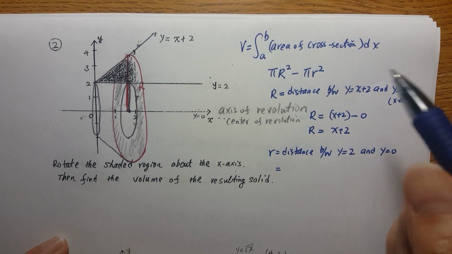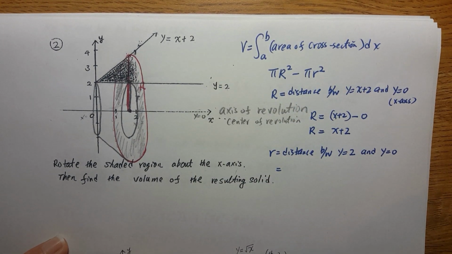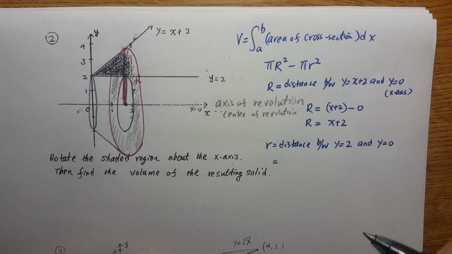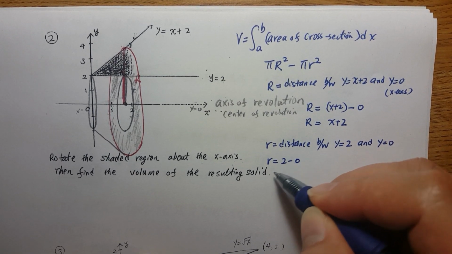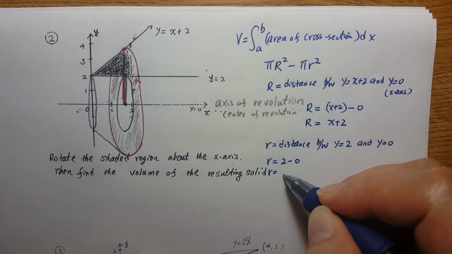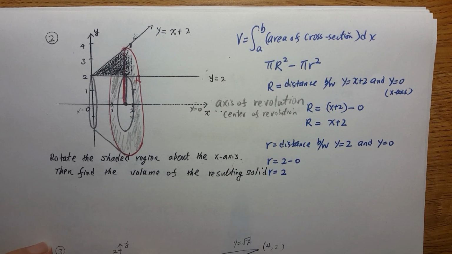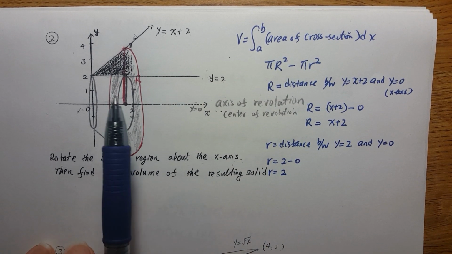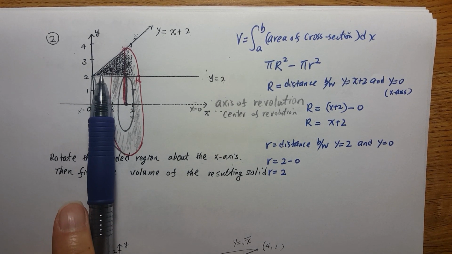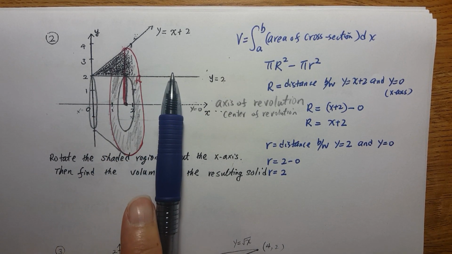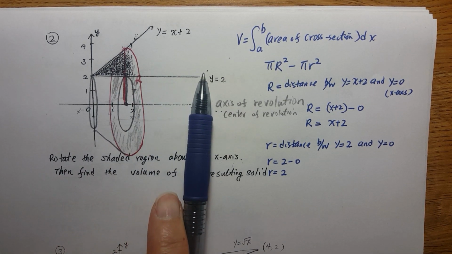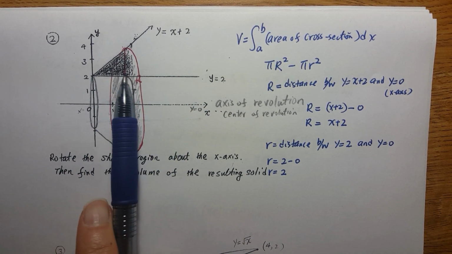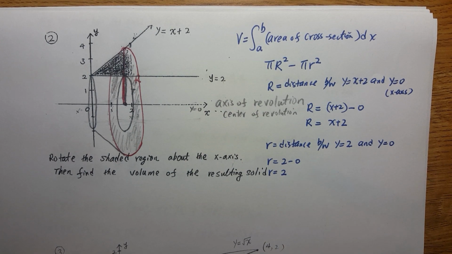We always use top minus bottom to get a positive value, because we want our radius to be positive. So 2 minus 0, therefore r equals 2. You may wonder how come it's a constant. If you look at the diagram over here, our inner small r is always fixed. So r equals 2 units.